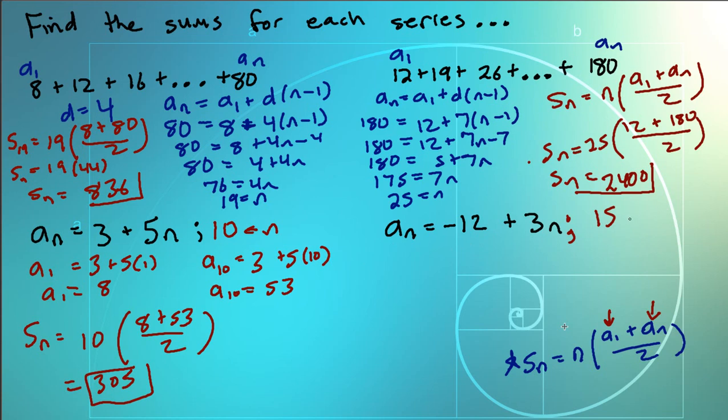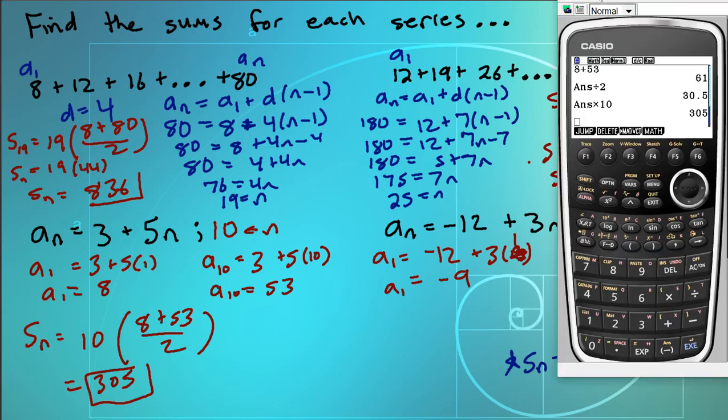All right, here, same idea. I want 15, so that's n. So A1, in order to use this formula, you need the first term. Oh, that's not the first term, right? Jumping ahead here. So 3, negative 9. A15, now I put that in.